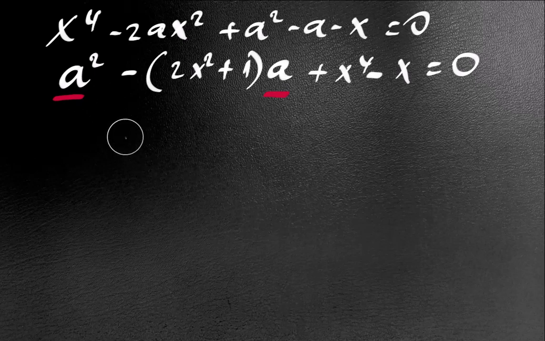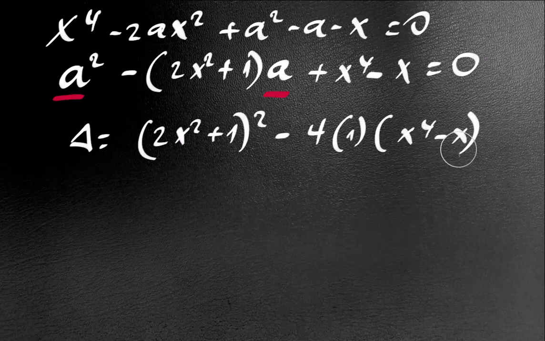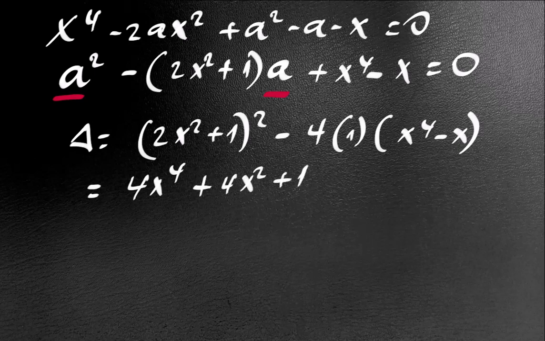We calculate delta, and the discriminant here is (2x squared plus 1) all squared minus 4 times 1 for the a times (x to the power 4 minus x). So let's calculate this. We get 4x to the power 4 plus 4x squared plus 1 minus 4x to the power 4 plus 4x.